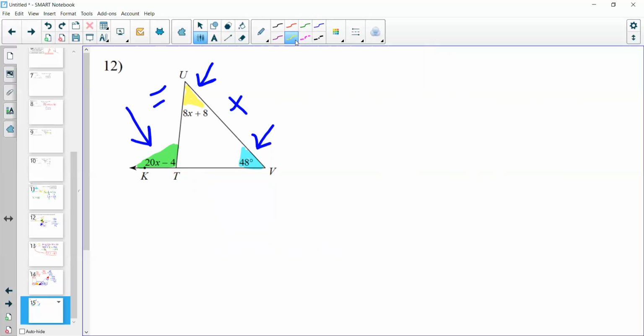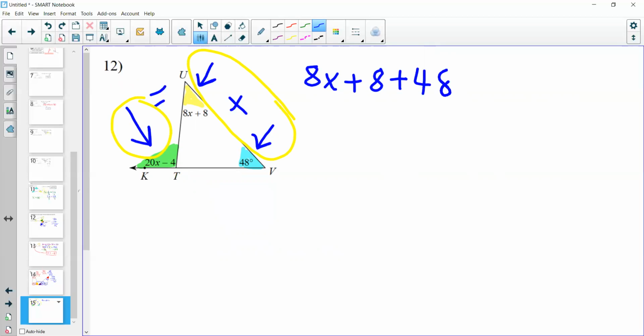So we're going to do these two added together equals that one. So let's write that out as 8x plus 8 plus 48 equals 20x minus 4.